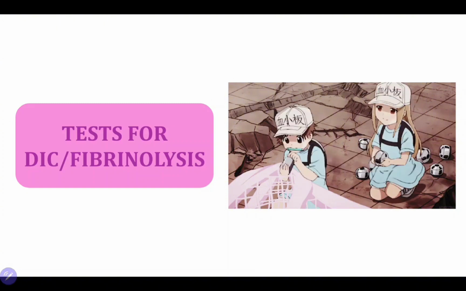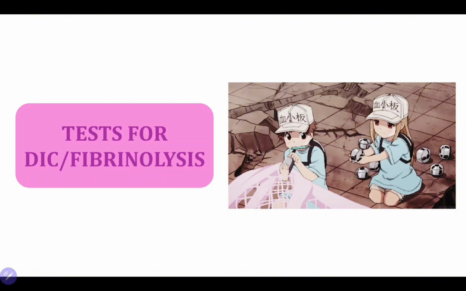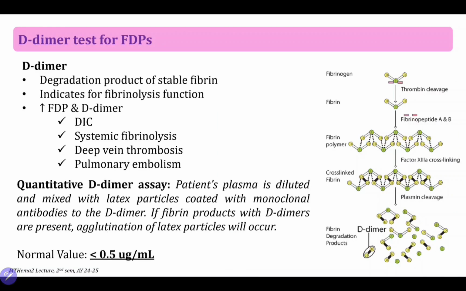Last topic for our special tests for hemostasis are the tests for DIC or fibrinolysis. First off is your D-dimer test for the presence of fibrin degradation products or FDPs. Again, your D-dimer is a degradation product of your stable fibrin. Now, D-dimers indicate proper fibrinolysis function.